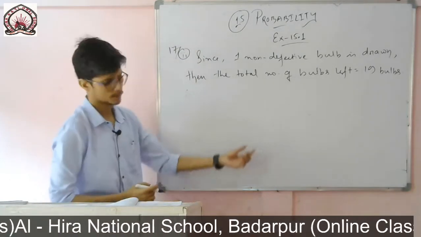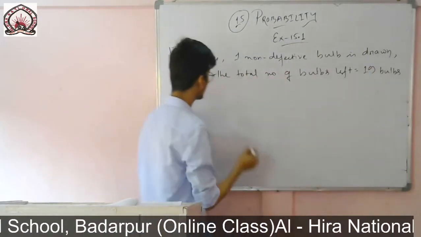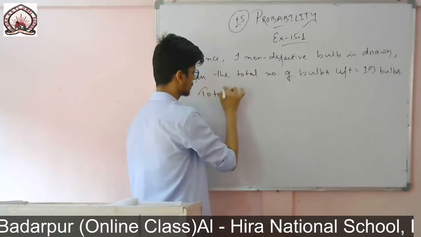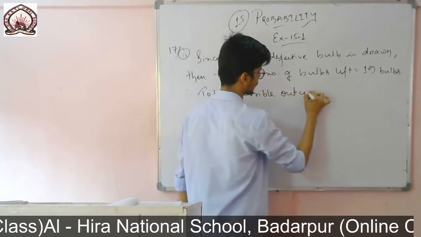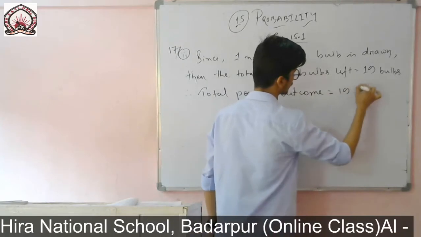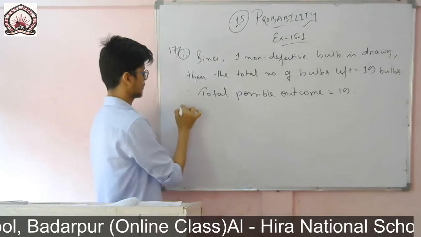Therefore, this will be our total possible outcome. In this case, this 19 bulbs will be our total possible outcome. So therefore, total possible outcome equals 19.